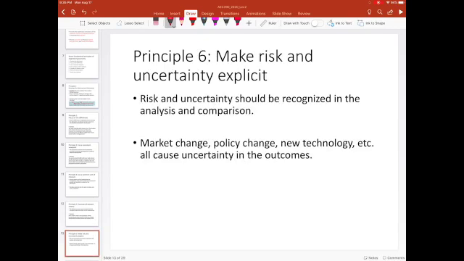Principle 6, make risk and uncertainty explicit. So risk and uncertainty should be recognized in the analysis and the comparison, okay? Things like market change, policy change, and new technology.